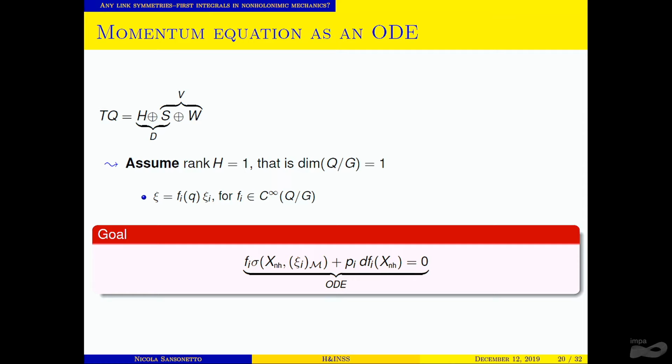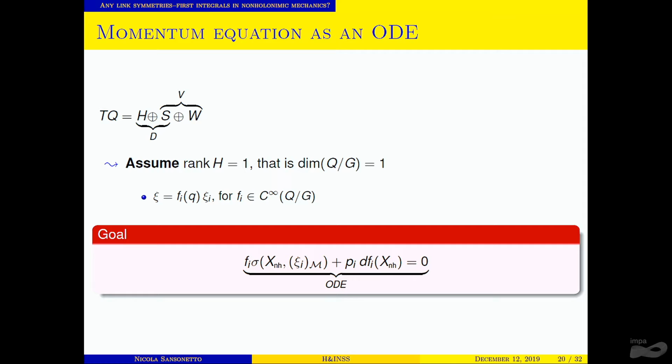So we assume that this space H is one-dimensional. That means that the shape space, Q mod the group, is one-dimensional. If this is true, we can write the section of the bundle GS as a linear combination of the basis with functions that are functions on the shape space.